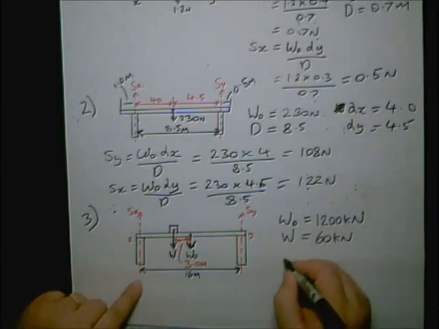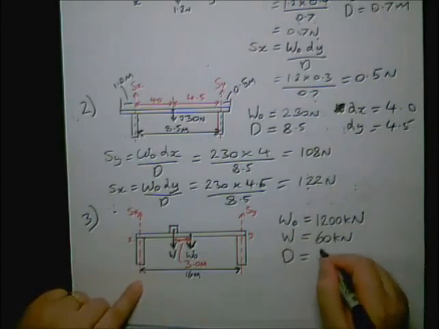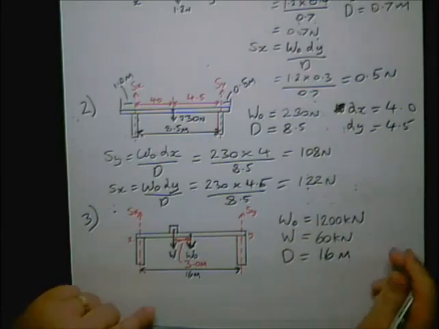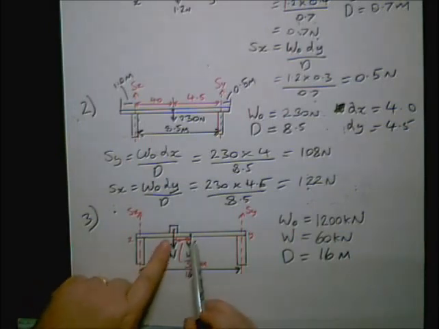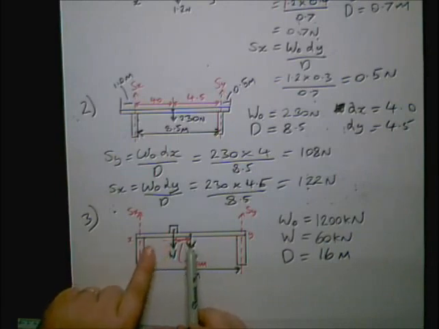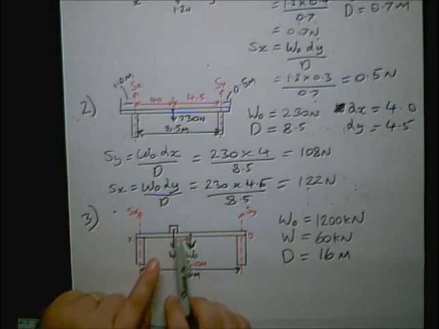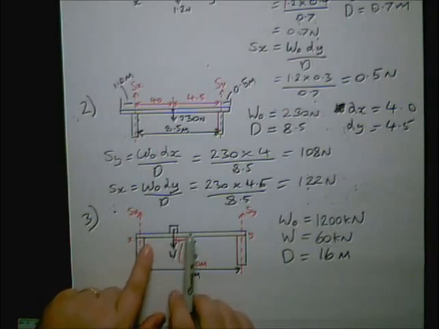We've now calculated D, which is 16 meters. Now, what do we have left to calculate? Well, we have to consider 2 masses this time. So we're going to have 2 values for distance and 2 values for mass.